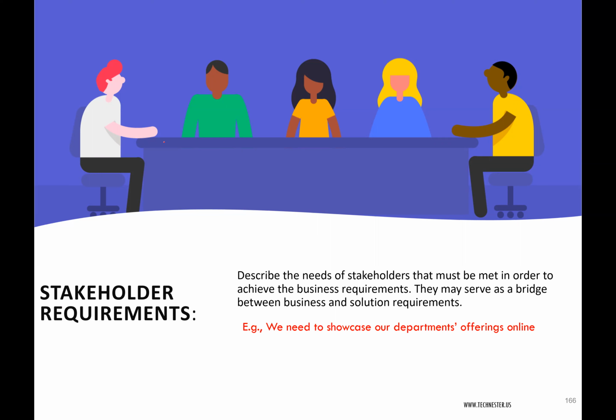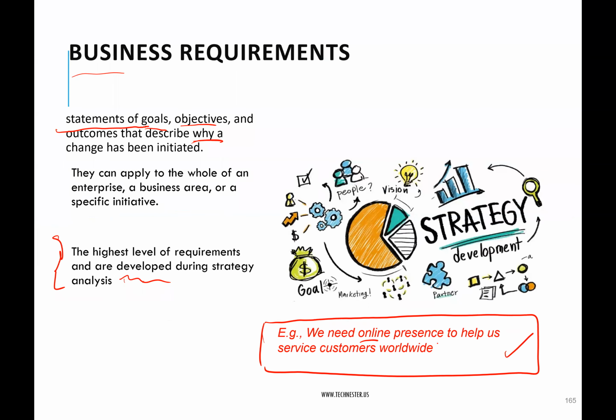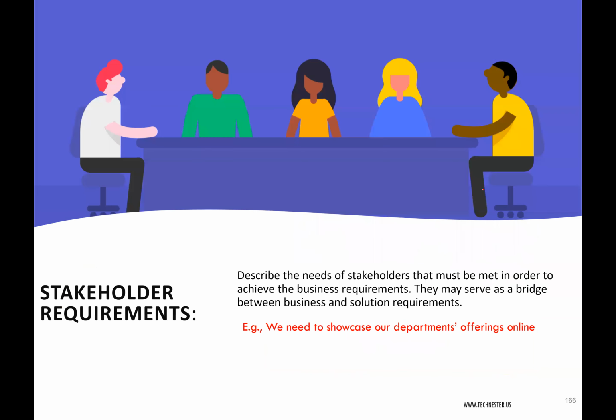So an example is, okay, in this business requirement, we have said we need online presence to help us service our customers worldwide. Now, the business, right? So let's say the business is Walmart. Walmart needs online presence to help them service their customers worldwide. But Walmart has several departments.